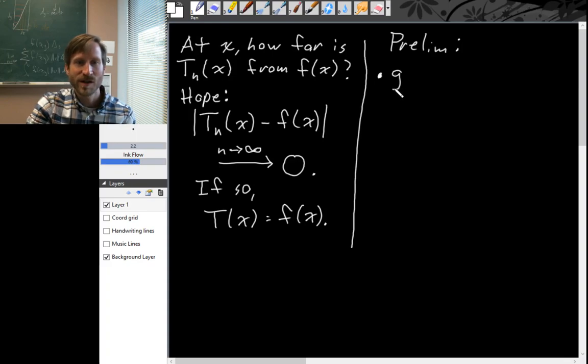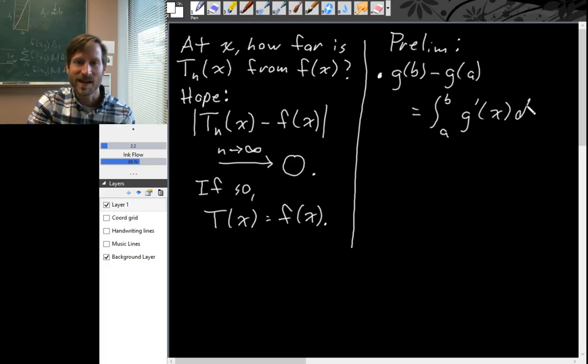If you look at g of b minus g of a, that is the integral from a to b of the derivative of g dx. This is just the fundamental theorem of calculus. Well, it's one form of the fundamental theorem of calculus, and it's a form that we're going to use at a critical point in what is to come.